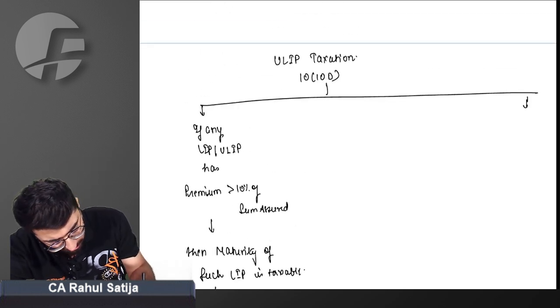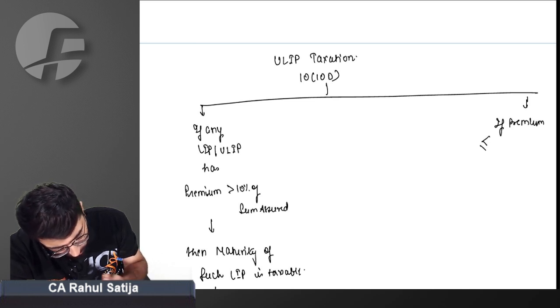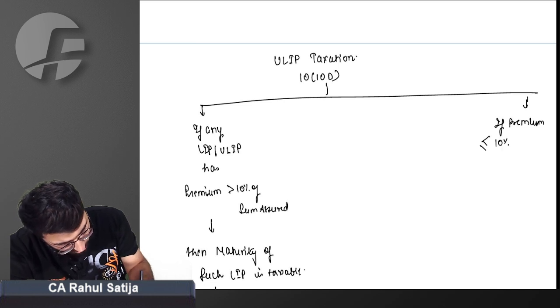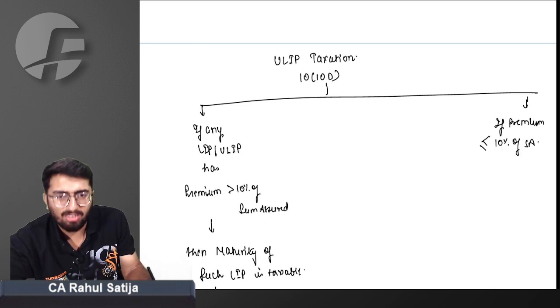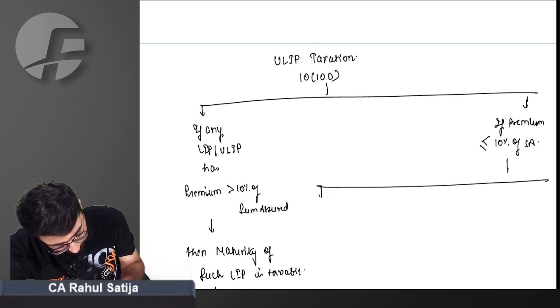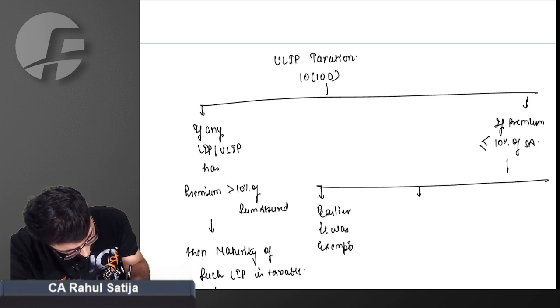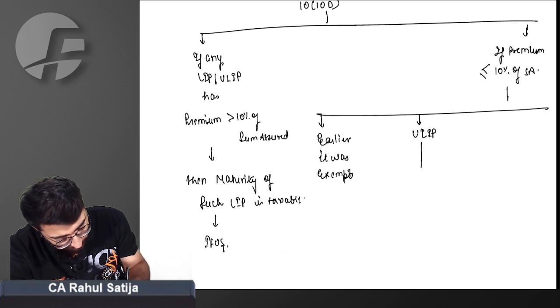Sir, what if premium is lesser than or equal to 10% of sum assured? Then what happens? Earlier it was exempt. But for ULIP, there was an amendment. What amendment?